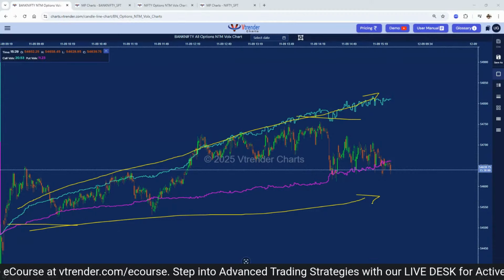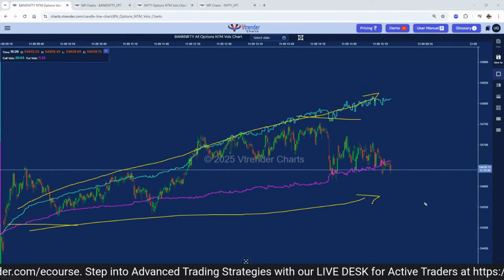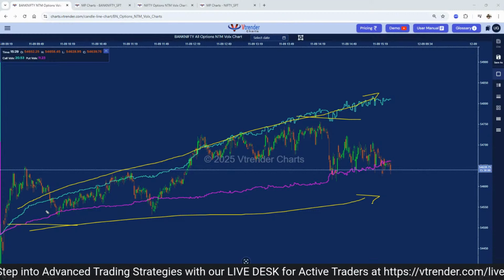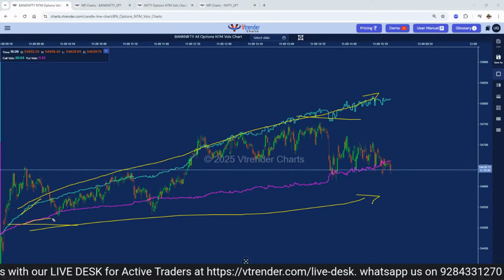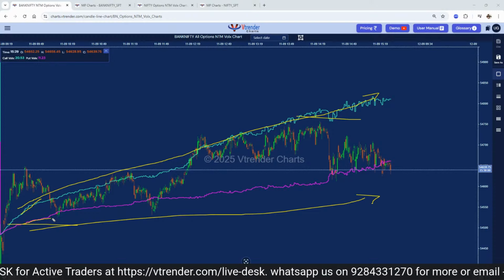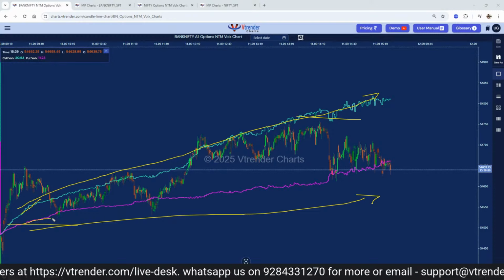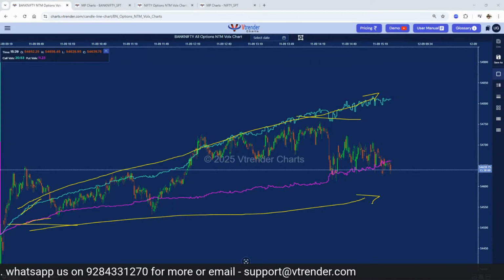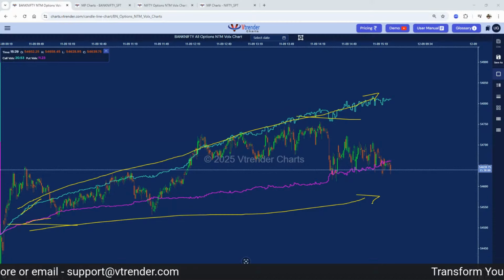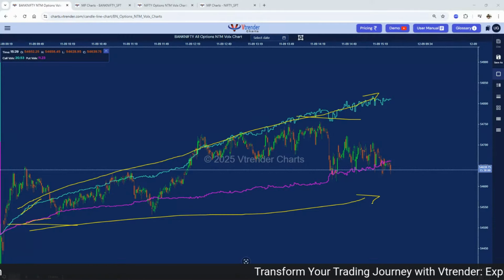So just to make a quick review of the elements in the NTM chart: the C volume is the blue line, the P volume is the purple line. The blue line represents demand, the buy side pressure, and the purple line represents supply, the sell side pressure. When the blue gets above the purple, it is telling us demand is overpowering supply, so we can expect the price to rise.